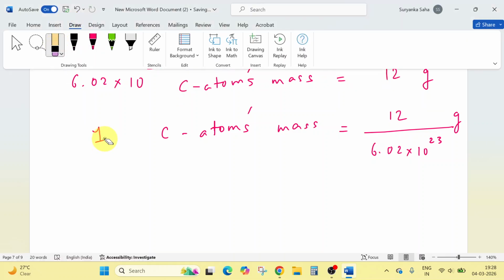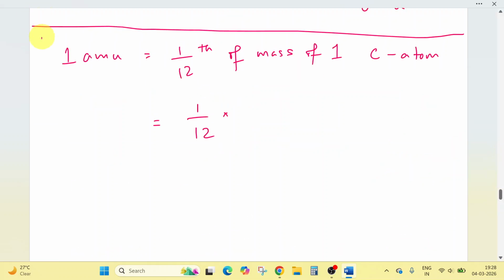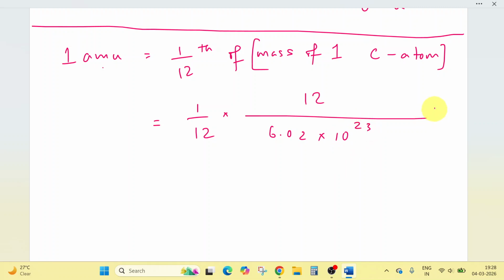তাহলে এতগুলো মানে 6.023 ইন্টু 10^23 হিউজ নাম্বার অফ কার্বন অ্যাটমের একসাথে টোটাল ওয়েট হচ্ছে 12 গ্রাম। তাহলে জাস্ট সিমিলারলি ইউনিটারি মেথড, একটা কার্বন অ্যাটমের মাস কত হবে? 12 ডিভাইডেড বাই দিস নাম্বার, এটা হচ্ছে ইউনিটারি মেথড। তো দিস ইজ দ্য মাস অফ ওয়ান কার্বন অ্যাটম, তাই তো? আর বাই ডেফিনেশন 1 AMU তে কি পড়েছিলে? ইট ইজ দ্য মাস অফ 1/12 অফ ওয়ান কার্বন অ্যাটম, তাই না? এই যে মাস অফ ওয়ান কার্বন অ্যাটম, তার 1/12 পোর্শন। তাহলে 1/12 ইন্টু 12 বাই 6.02 ইন্টু 10^23, I can write gram.